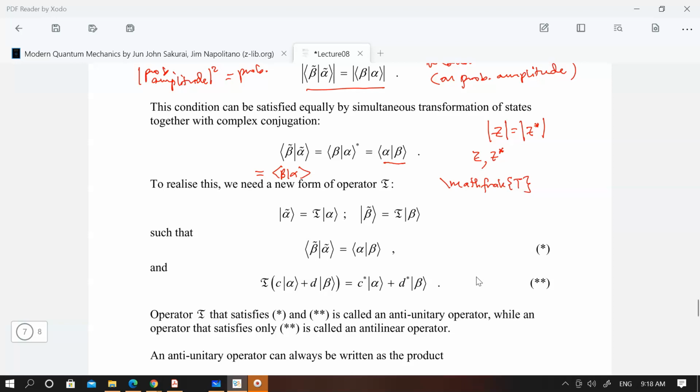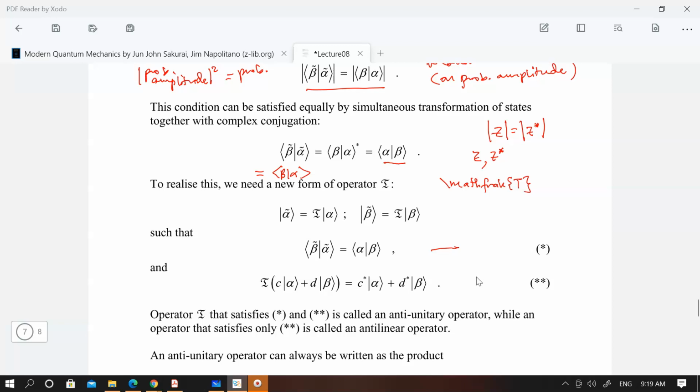So let's consider that to be the one representing the time reversal transformation. In other words, when it acts on alpha, it gives you alpha tilde. When it acts on beta, it gives you beta tilde. But the condition that we need is that the inner product of beta tilde and alpha tilde doesn't have to be equal to beta alpha, but it can be equal to alpha beta. Okay, so that's one condition. I call this condition star.